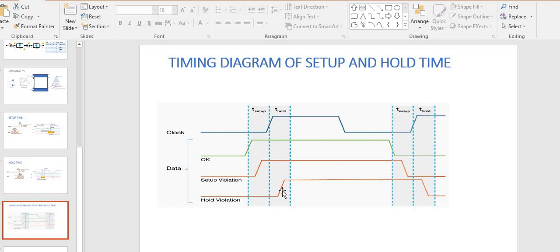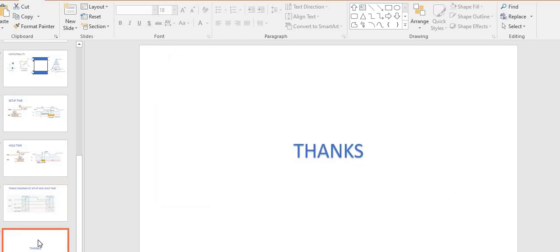Hold means after the rising edge of the clock the data should be stable. Here also, this is the setup, this is the hold. Before rising is setup, after rising is called hold. This was the timing diagram of setup and hold time. Thank you.